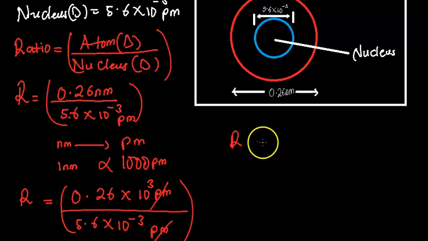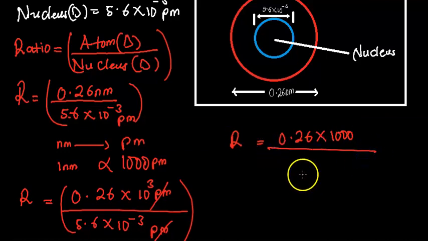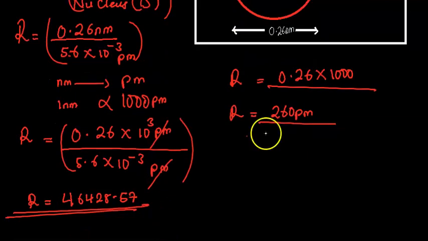In this case, this is simply going to be 0.26 multiplied by 1000. In case you are not familiar with exponentials, you can put it differently. So it is simply going to be 260, and this is going to be in picometer, not nanometer anymore. So 260 divided by 5.6 × 10^-3.